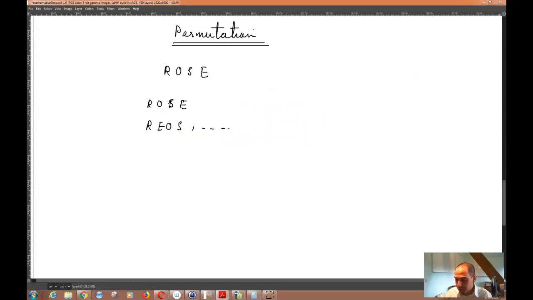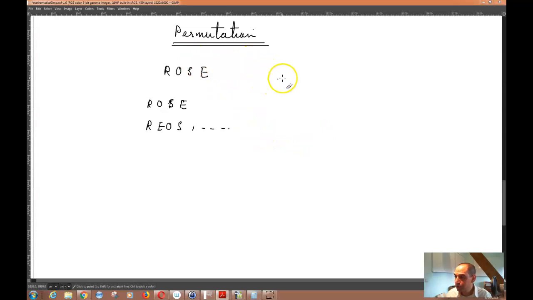I don't really remember example number 1 here. The question was basically: find the number of 4-letter words, with or without meaning, which can be formed out of the letters of the word ROSE, where the repetition of the letters is not allowed.